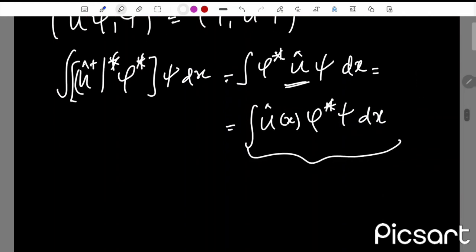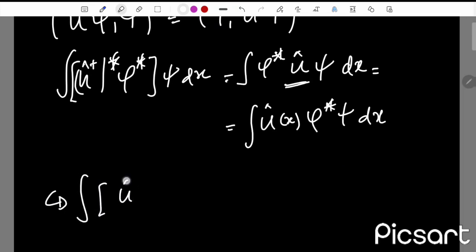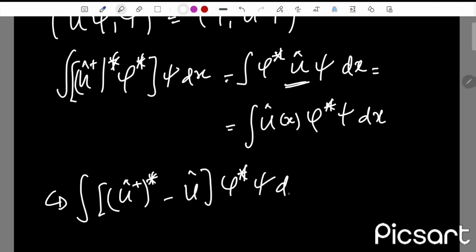And we can take this expression on the right hand side to the left hand side, and we have now u dagger complex conjugate minus u times phi star psi d of x has equal to 0.